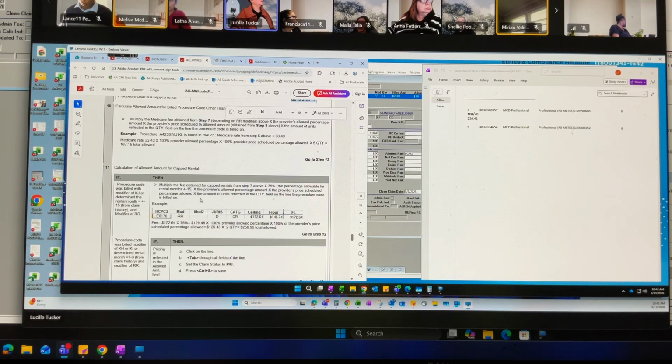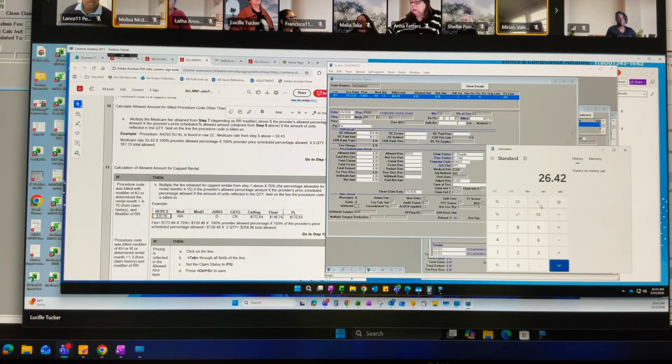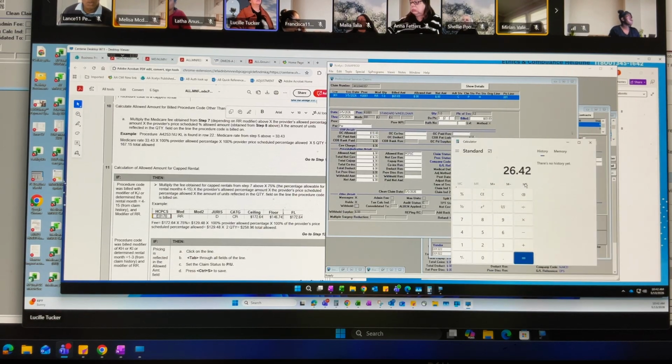So now I'm going to follow this formula. I'm going to take my rate, multiply that by 75%, then by the provider's percent allowed and the provider's price schedule amount times any quantity reflected on the line. Okay? So I have a quantity of 1. So I'm going to take the code I already have in there.